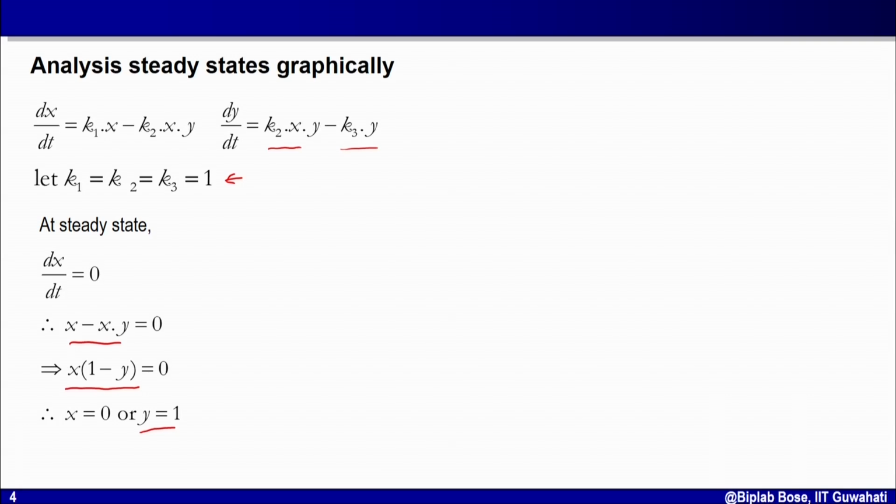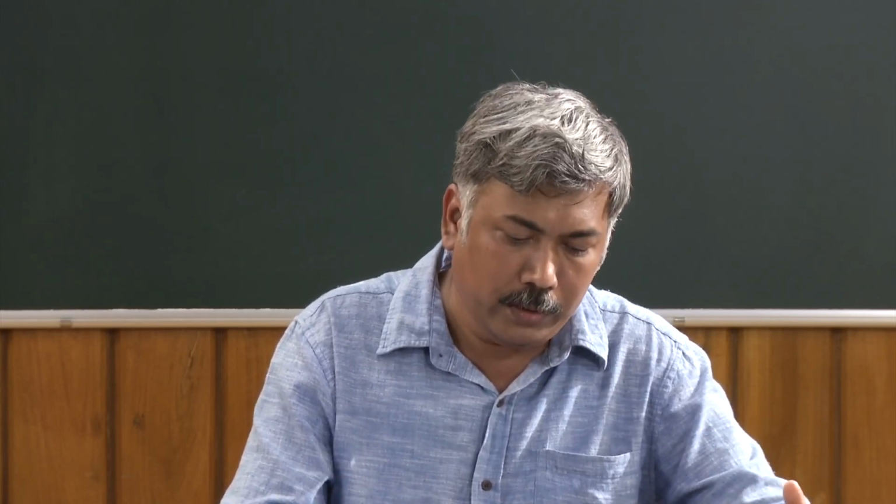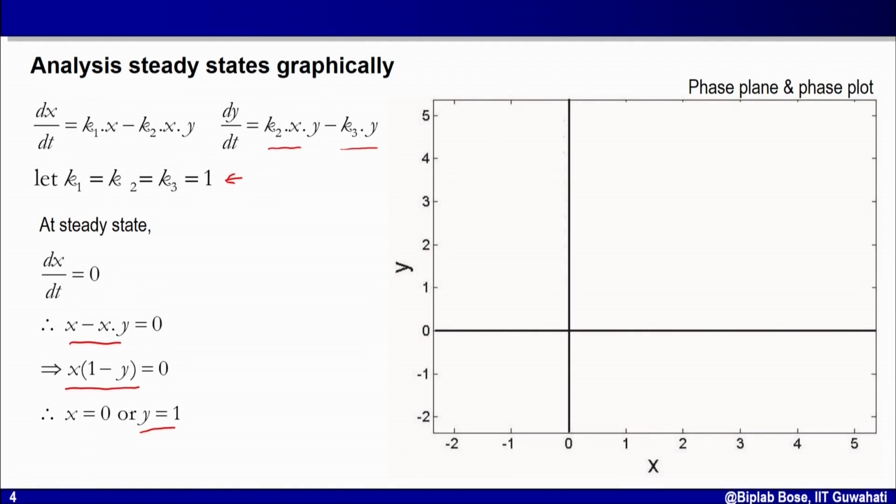Remember, in case of one variable, I can always plot the dependent variable versus the independent variable, the time. In this case, we will do something else. We will plot y and x, both the dependent variables, in this two-dimensional space. So I have plotted x on the horizontal axis and y on the vertical axis.